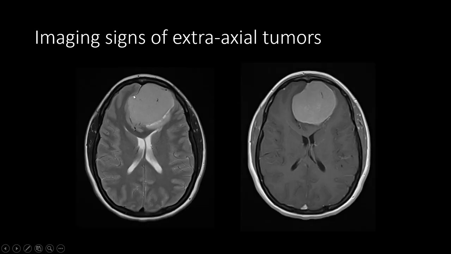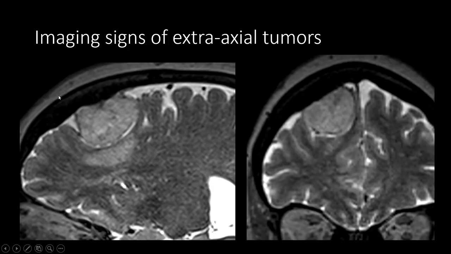Here's another example of a large frontal convexity meningioma. In this case, the mass is buckling or compressing the adjacent cortex and white matter, another sign of an extraaxial mass. This is a sagittal T2-weighted image and a coronal T2-weighted image showing a frontal convexity meningioma.